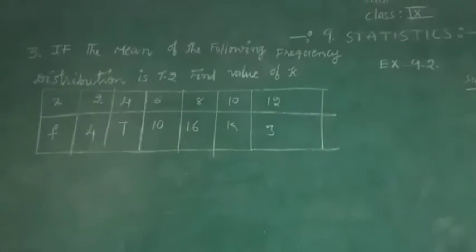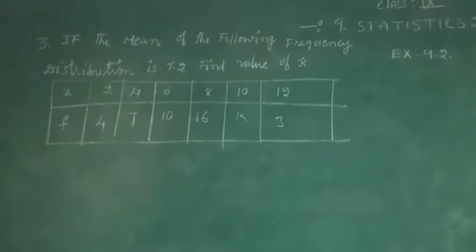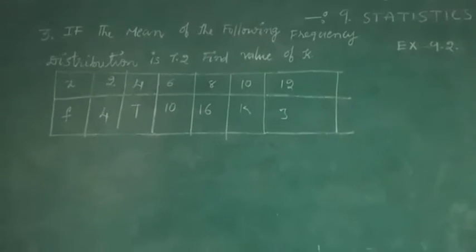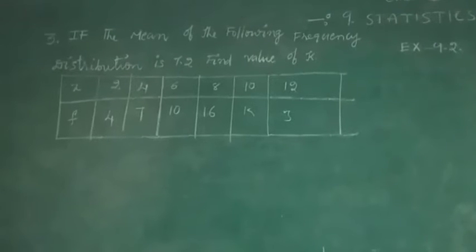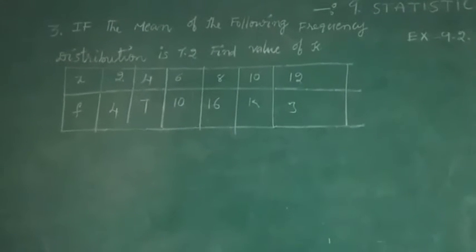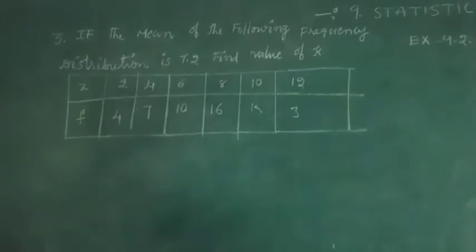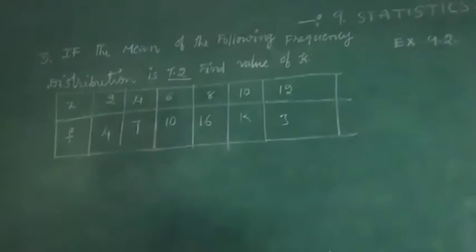So this question was given clearly. Concentrate on it; you may get a doubt. Here it was mentioned in the question clearly: the mean of the following frequency distribution is 7.2.